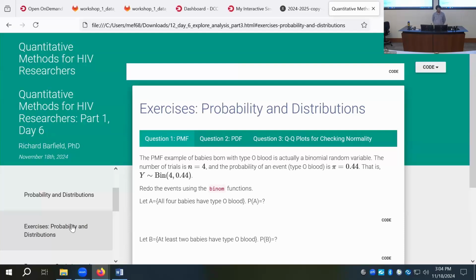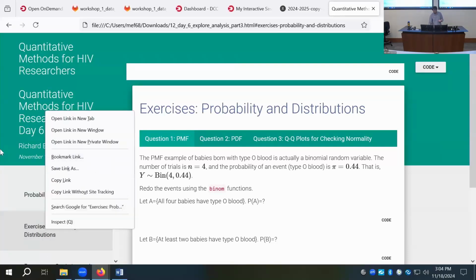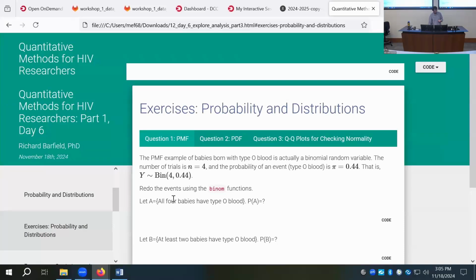So it follows a binomial with n equals 4 and probability equals 0.44. We'll redo some of those questions that we did prior, but now we're going to use the functions in R. So would people like to do these on their own, or should I walk through them at the same time? Walk through them? All right. We will walk through them.